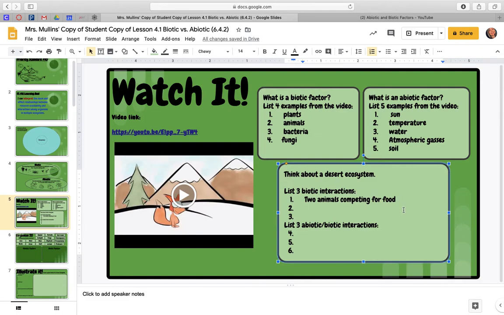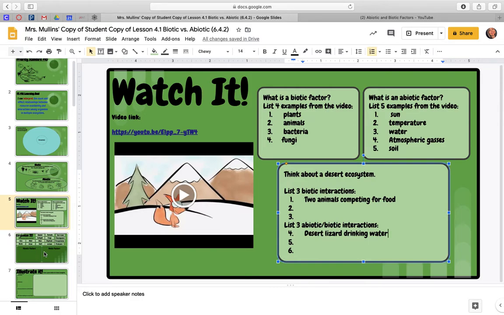A biotic form interacting with another biotic form. Where an abiotic and biotic interaction would be a living thing interacting with a non-living thing. So for example, we might have a desert lizard, like a monitor lizard or something, drinking water. So that is how you would fill out this section.